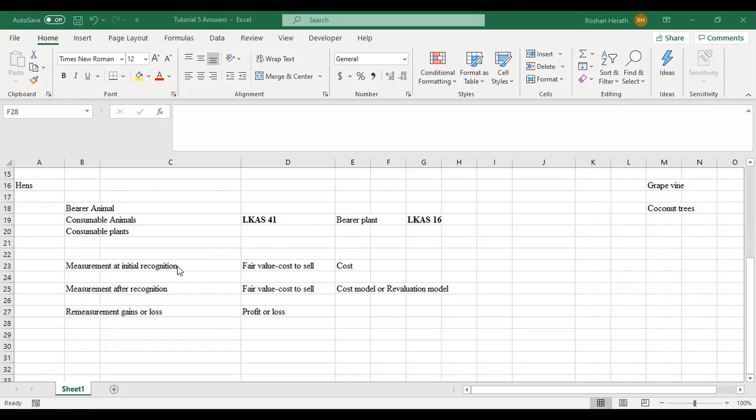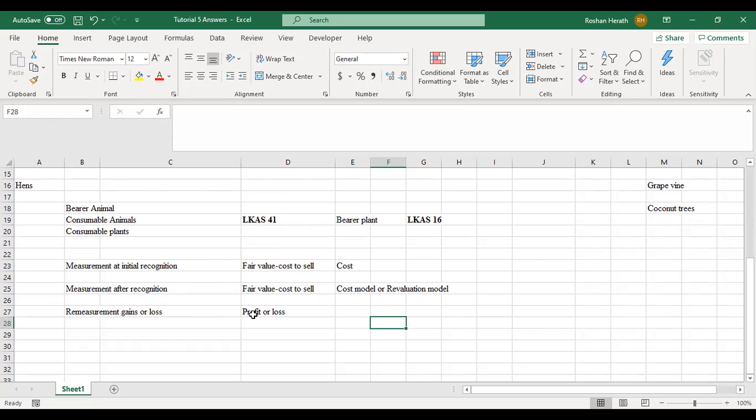Right? The problem they have, the practical problem they have encountered is that at each reporting date you need to remeasure. This remeasurement would result in gains or losses. These gains and losses are predominantly unrealized, right?